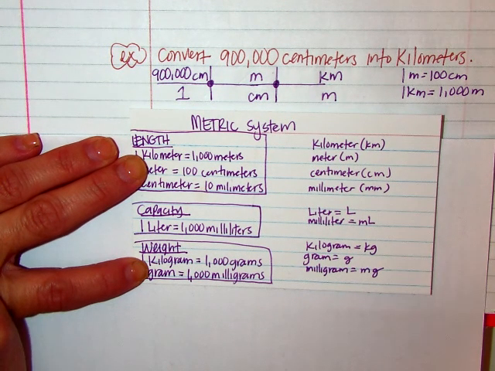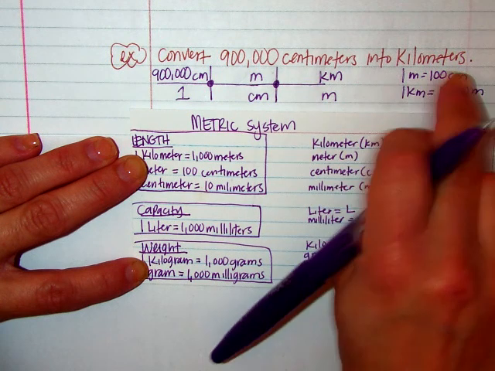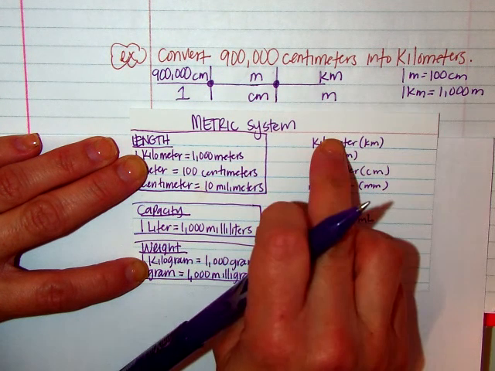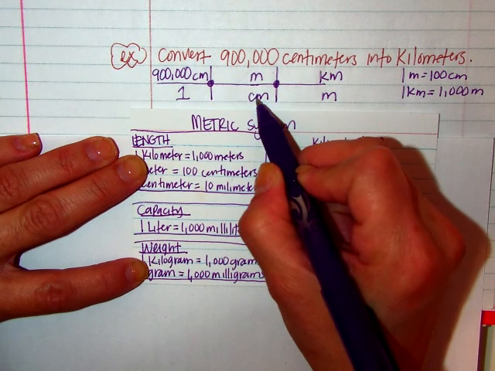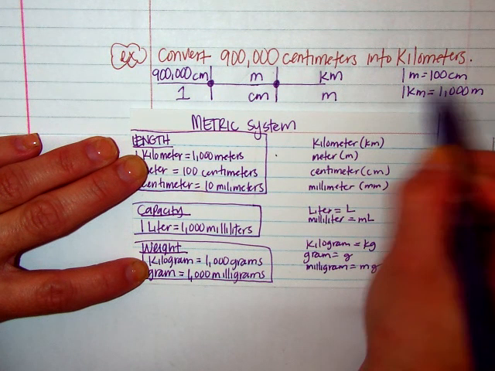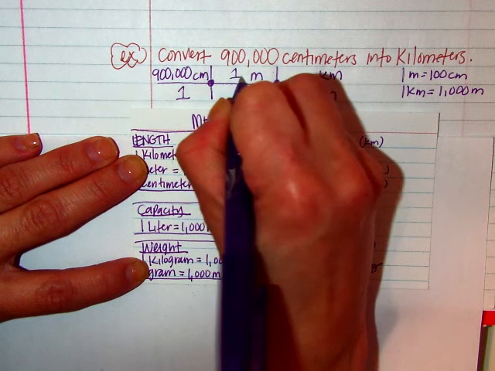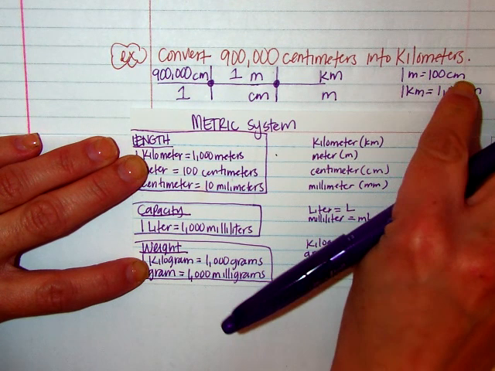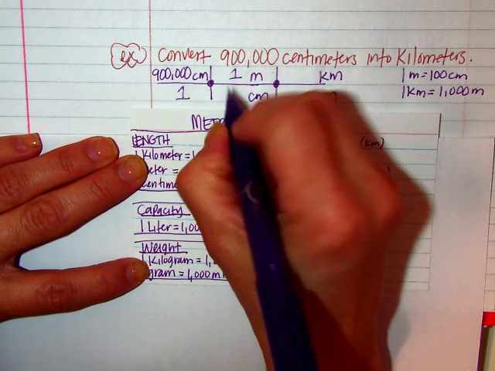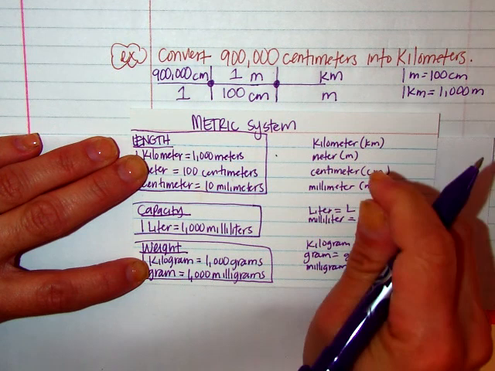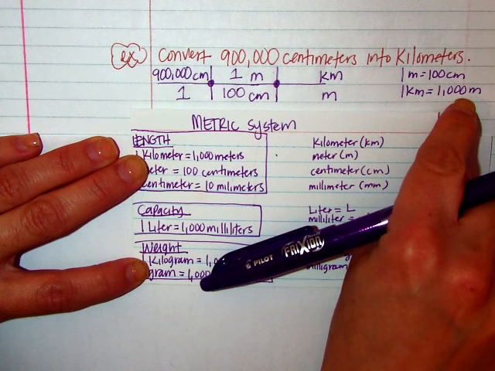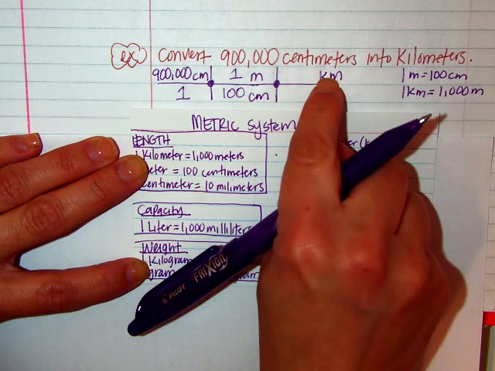Now I'll write down the relationships in the right spots. So I'm looking at meters and centimeters, which is our first relationship. The 1 goes with meters. The 100 goes with centimeters. Now I look at the second relationship. Kilometers, I only have 1 kilometer.